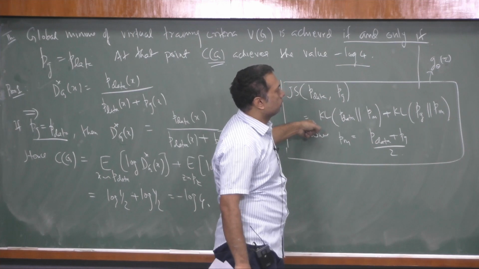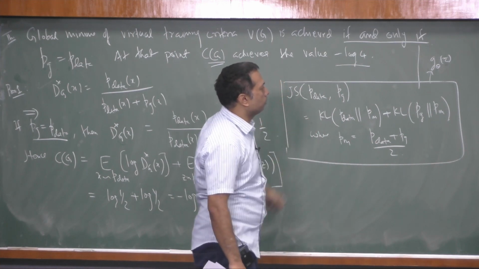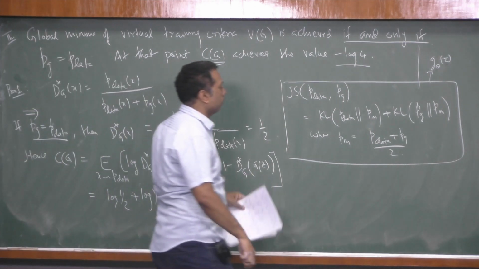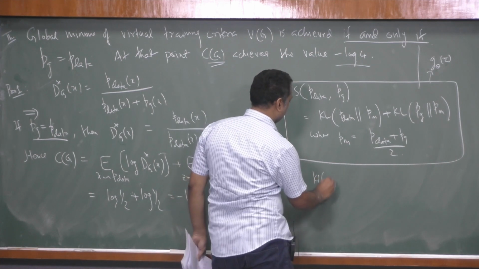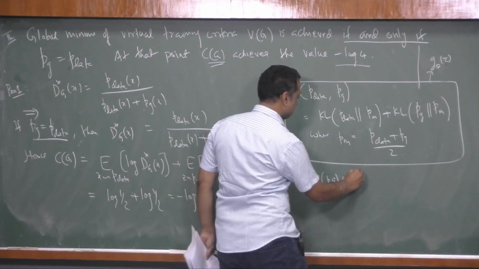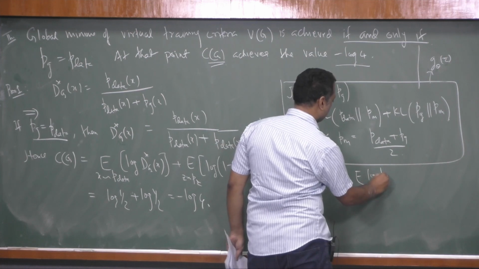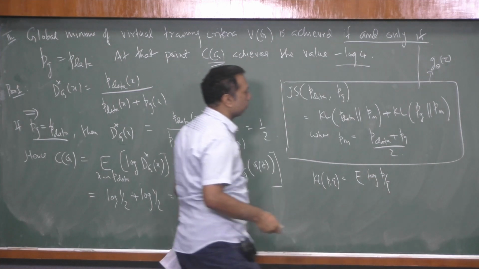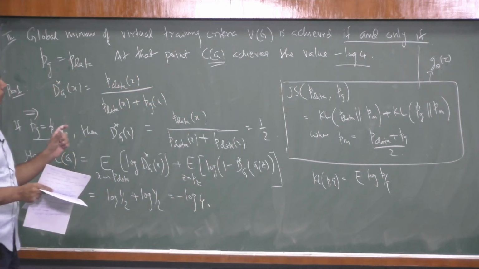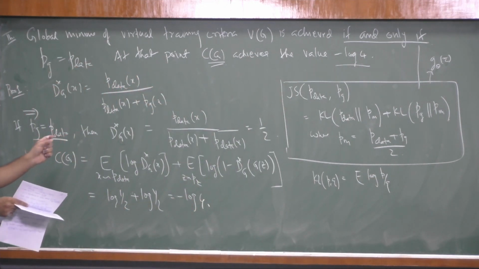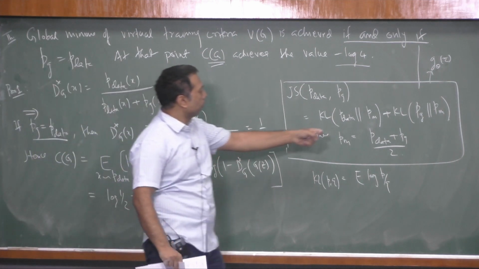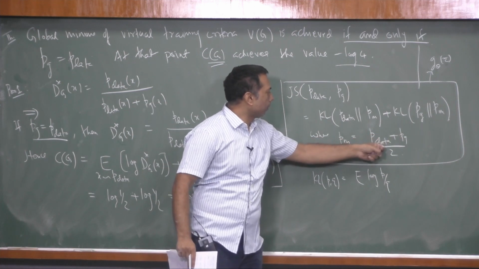Okay, so KL divergence you may have seen, right? If you just look at the KL divergence, KL of PQ is expectation of log of P by Q, right? But here in the denominator you have not Q, but in place of Q you have P plus something. Now looking at here, it is indeed in this form, right?